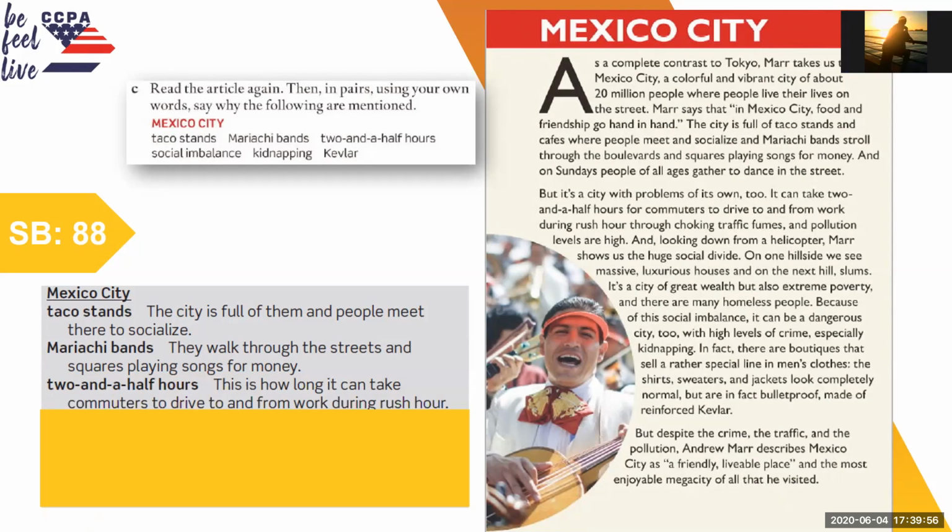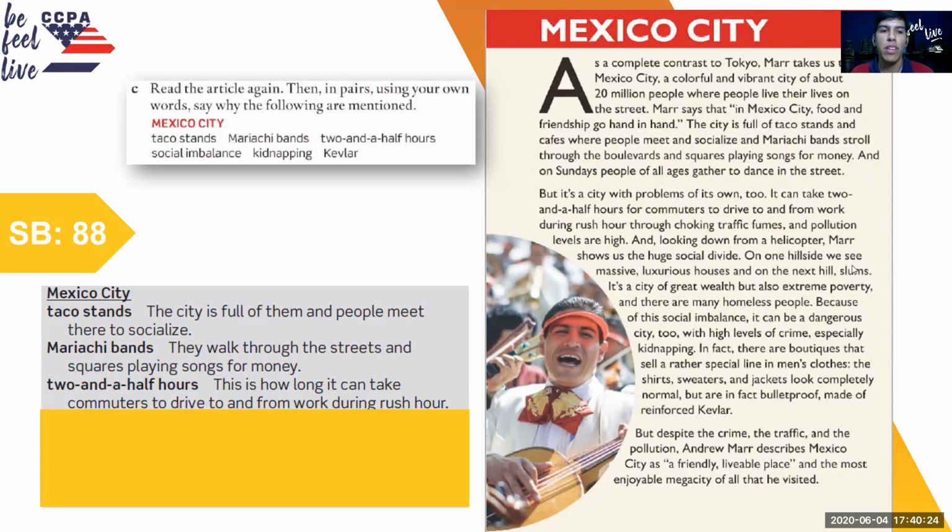Victoria, what can you tell us about the social imbalance? That means that some people are homeless and they are poor people. And then there are people that are, sorry, that are well.